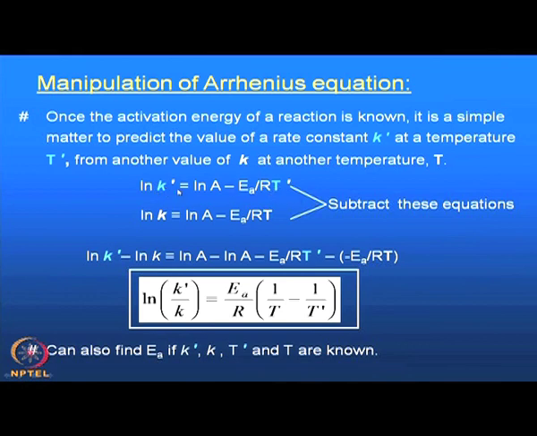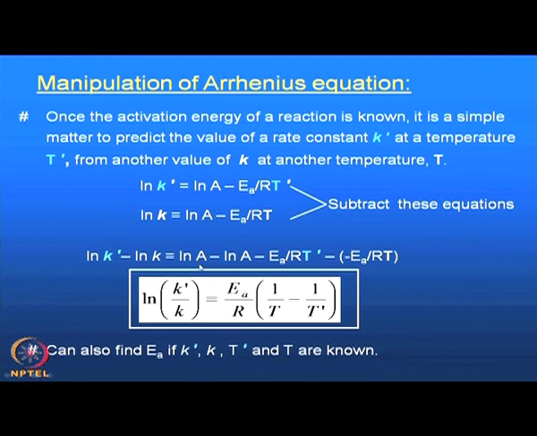So, ln K primed is equal to ln A minus EA by RT primed. EA is known, and here you have ln K which is known, ln A you may not need to know, and EA by RT, T is also known. So, then you just subtract these 2, that means this minus this is equal to this minus that. In that case ln A will just cancel out. Okay.